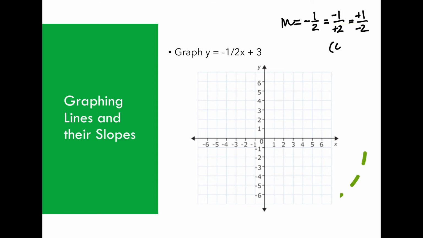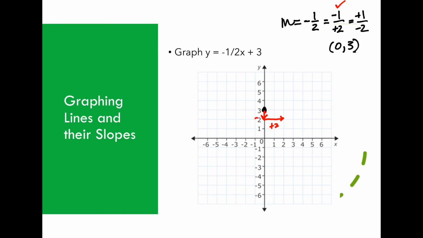And then the y-intercept is (0, 3). So 0 for x, and then up 3 units. Using my slope of -1/2, I'm going to start with this one. I can move down 1 and to the right 2.